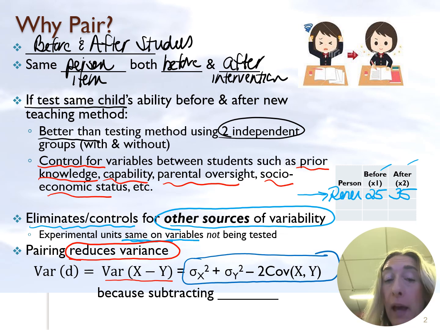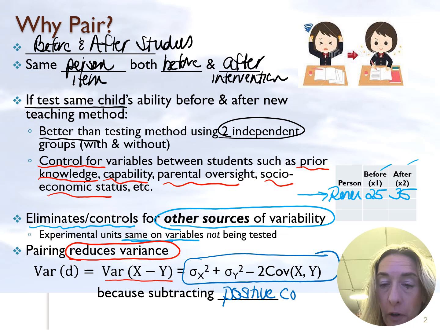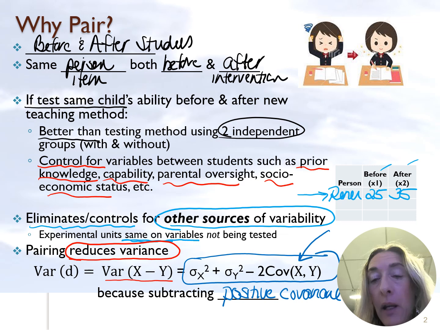And why mathematically the variance is reduced is because you are subtracting the positive covariance there. You can see how you're subtracting 2 times that, but the covariance term is positive.